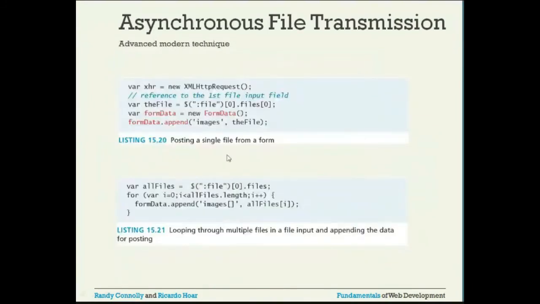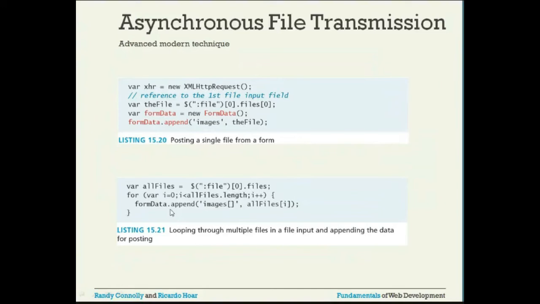If you want to convert this to sending multiple files, then what you can do is access all files, not only the first file. For that, you use $ inside the parentheses, inside the double quotes, :file, index 0, .files, and it is going to get the list of files.